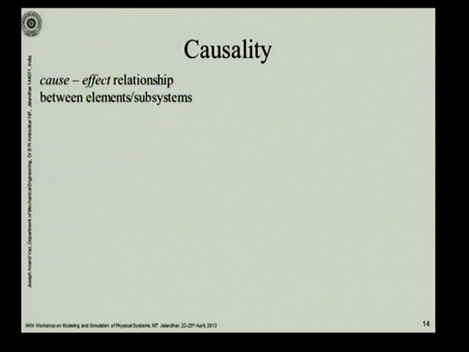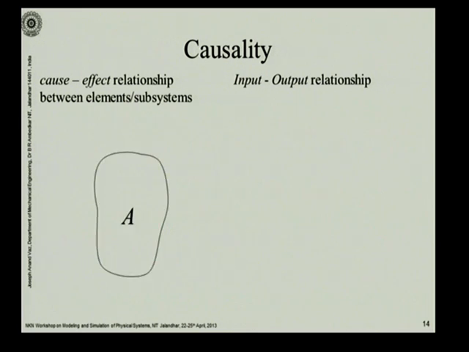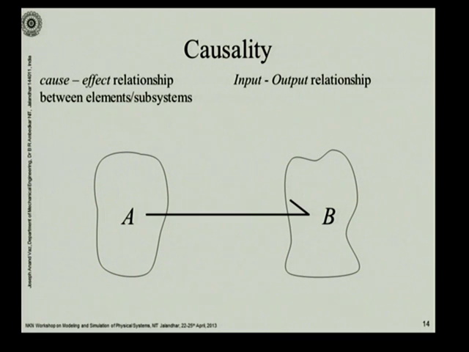You see, whenever there is a transaction of power between two subsystems, let us say you have a subsystem A and a subsystem B, and there is an exchange of power between them, and we know that we can represent this exchange of power with the help of this power bond.